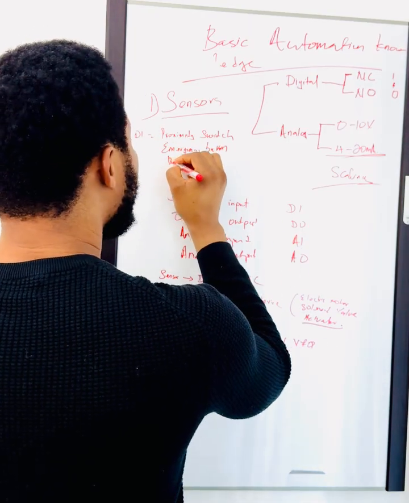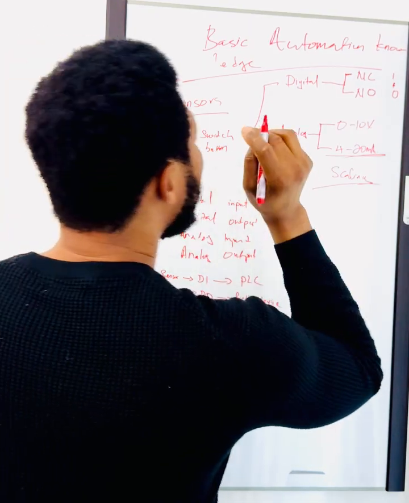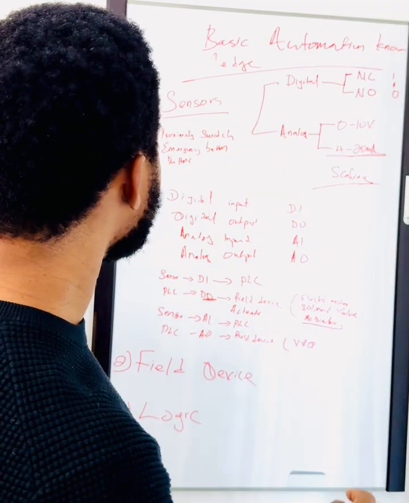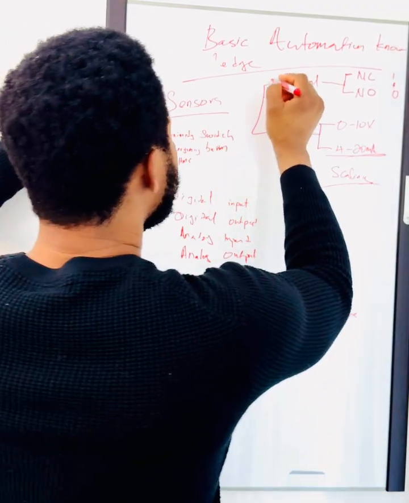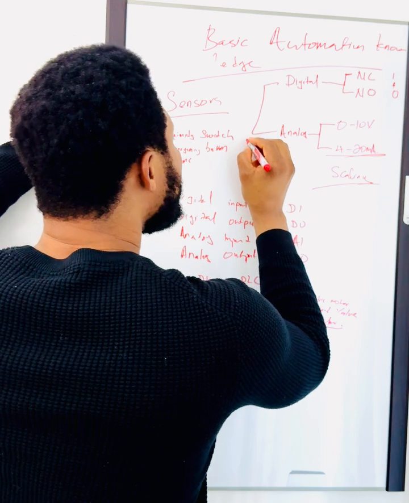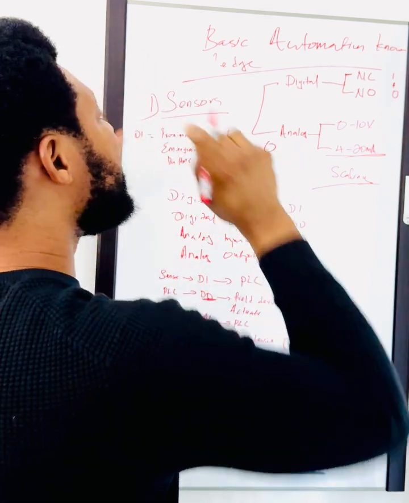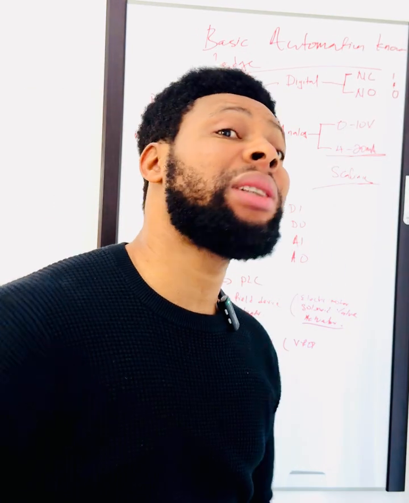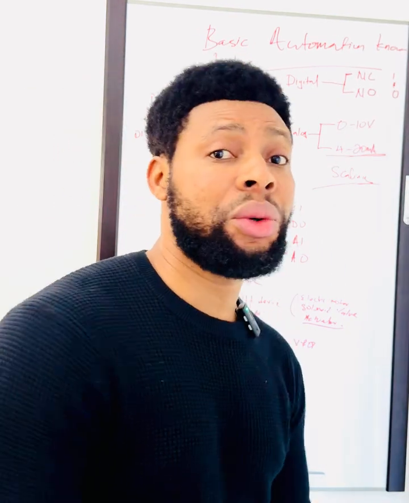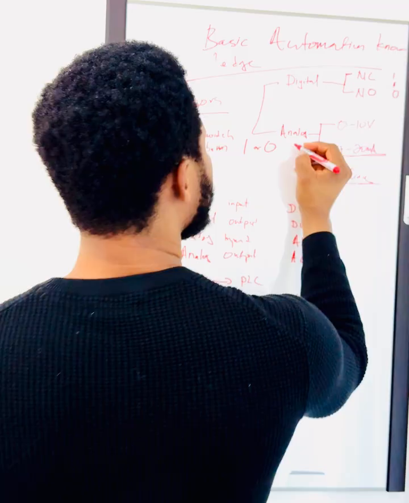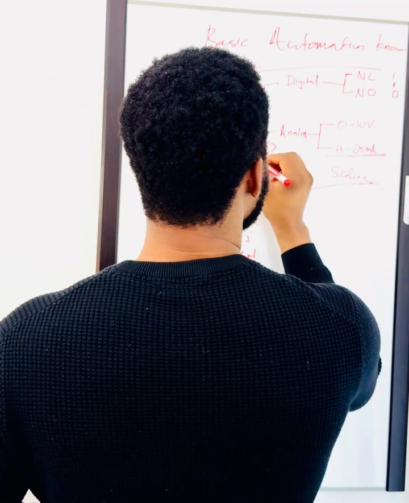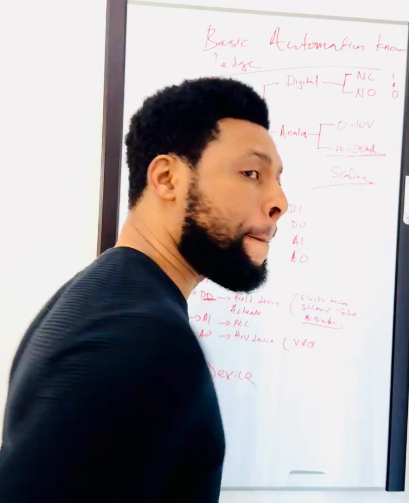Your buttons, all buttons. These are digital, right? They're giving you 1 or 0. Just know that digital sensors are giving you 1 or 0, on or off.